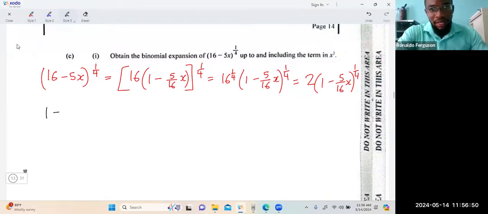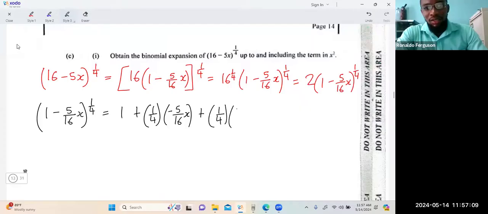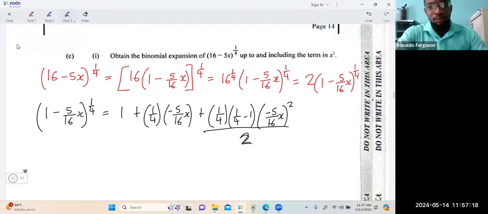So now 1 minus 5 over 16x to the quarter is equal to 1 plus nx, n times x, which is negative 5 over 16x, plus n times n minus 1, so quarter minus 1, x squared over 2. That would give us the series expansion, because it's up to the x squared term.